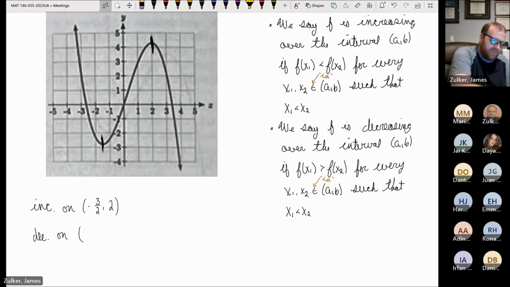Well, it's decreasing to the left of -3/2, right? Where are you getting 2.5 to 3.5 from?